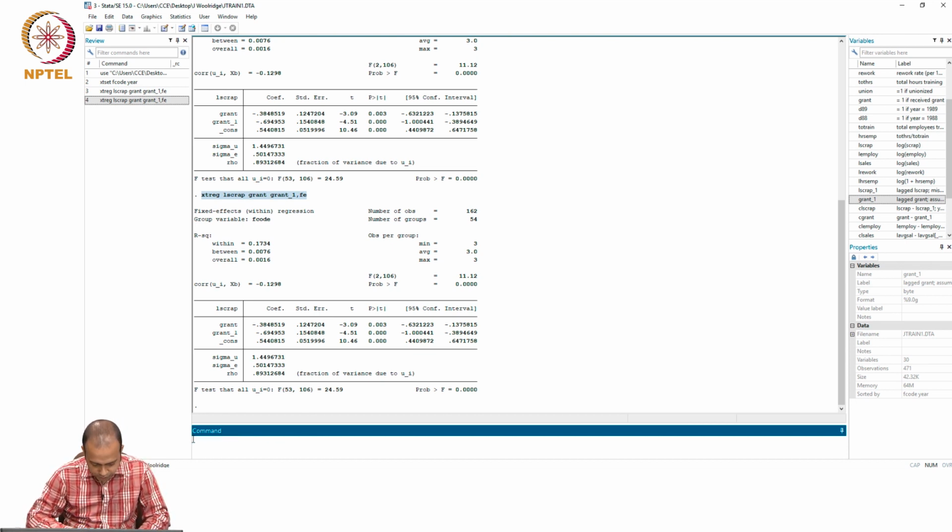So, this is regress, then L scrap, then grant, and grant previous year, and i.F code. That is the command when you are using the LSDV model, and here we are considering a one way error component model, so there is no time fixed effect.